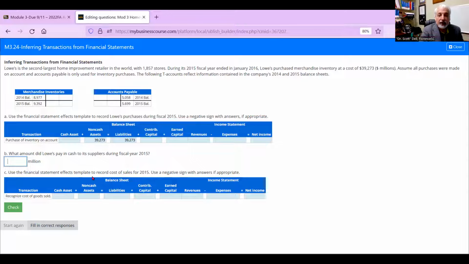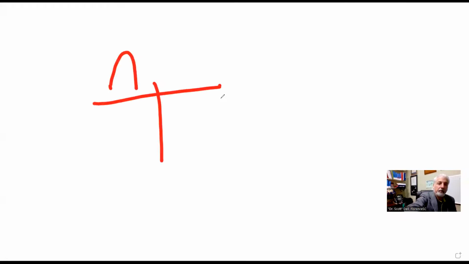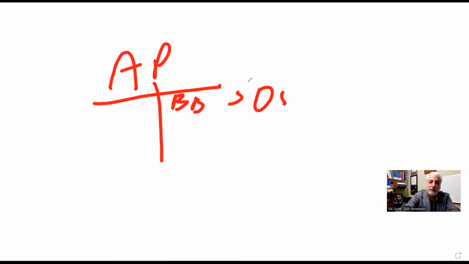Let's go back to that T account. Let's go back and take a look at our whiteboard. So again, accounts payable. We have our beginning balance, which was 5058. We have our purchases. What we're trying to figure out is cash out.